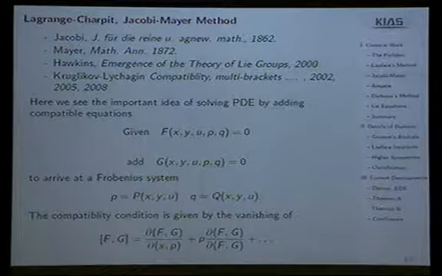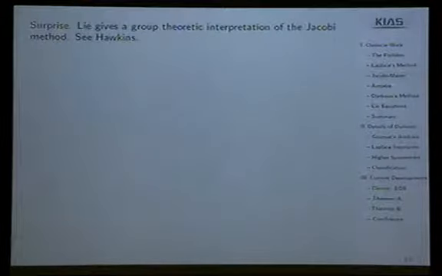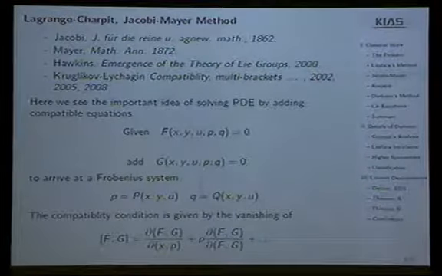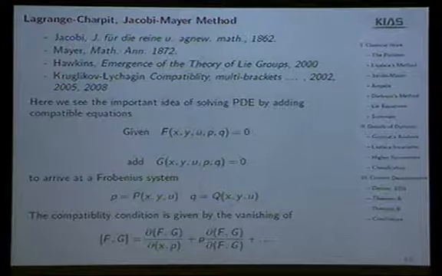And in Jacobi-Mayer, various generalizations of this are given. Well, one of the big surprises, let's come back, is that this bracket, which ensures the compatibility of these two equations, is one of Lie's fundamental discoveries, and it's described very beautifully in this book by Hawkins on the emergence of Lie theory.